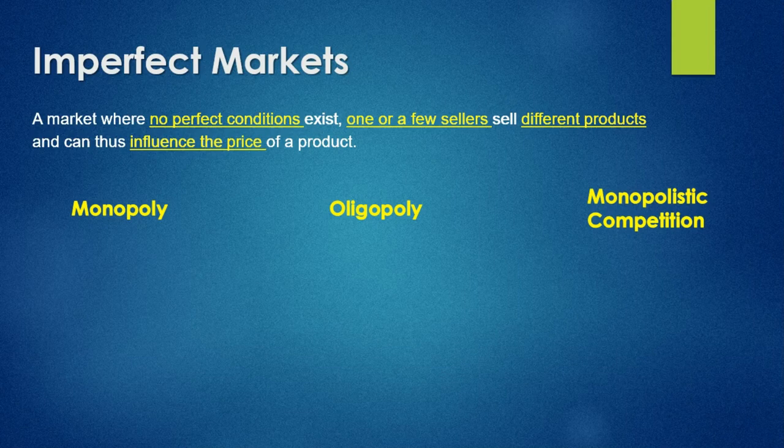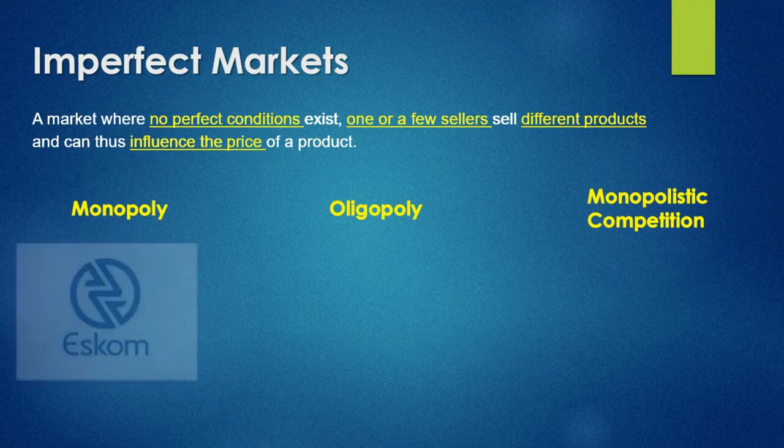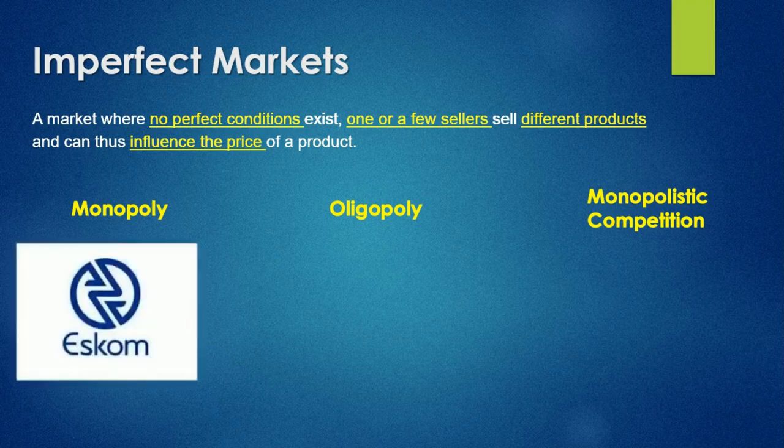So a monopoly is one where we have one business which dominates the market. An example of a monopoly in South Africa is Eskom, as they are the only supplier of electricity. We then go on to an oligopoly. This is where we have a few businesses which dominate a market.